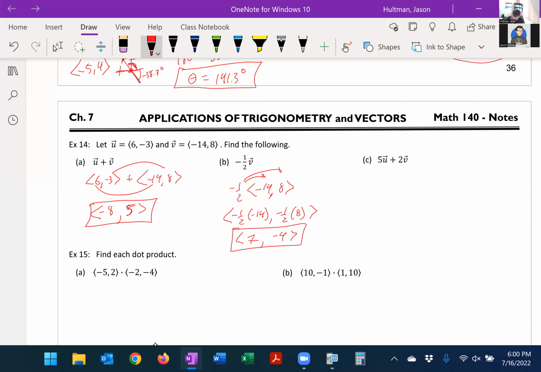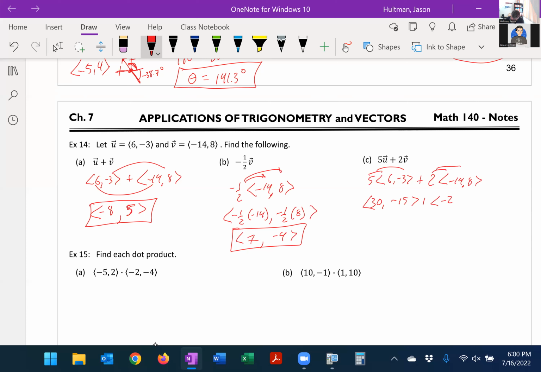Okay, what about 5u plus 2v? That's 5 times u, which is 6, negative 3, plus 2 times v, which is negative 14/8. Let's distribute the 5. That's 30, negative 15. Distribute the 2.